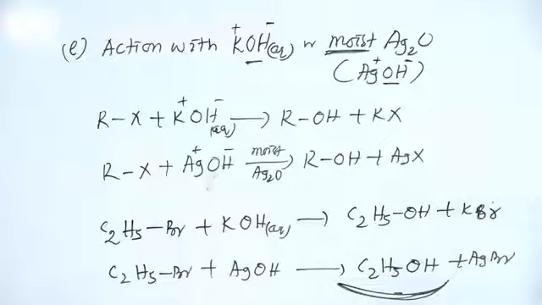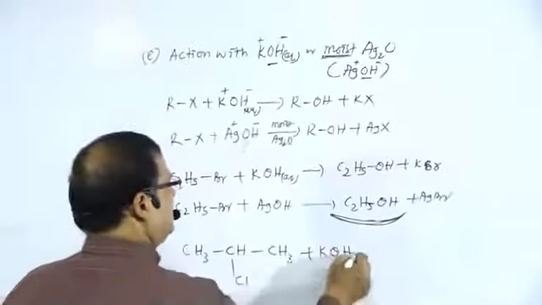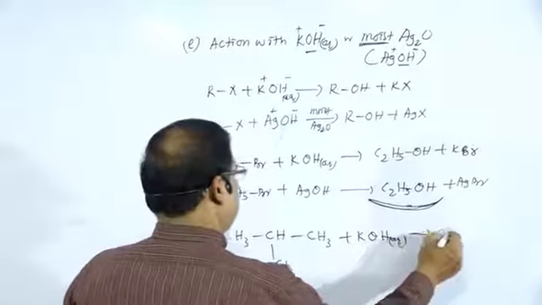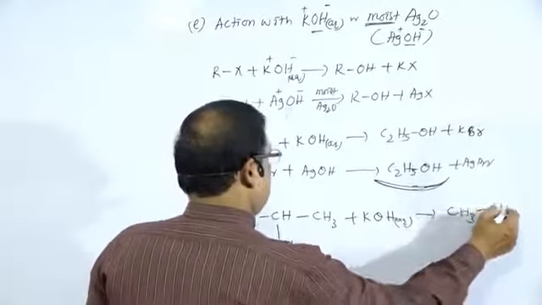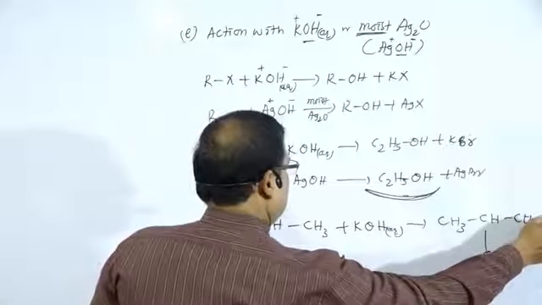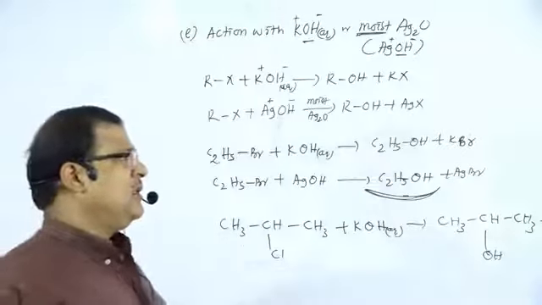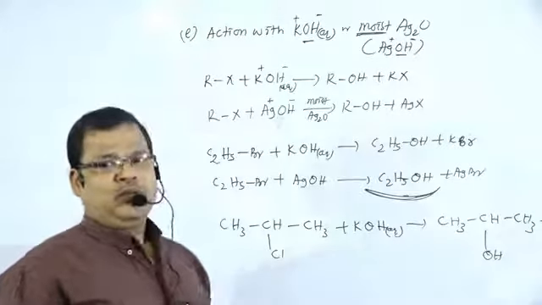We can take a second example, a secondary alkyl halide, CH3CHClCH3, treated with aqueous KOH. There is the formation of CH3CHOHCH3, isopropyl alcohol or propan-2-ol, plus KCl.